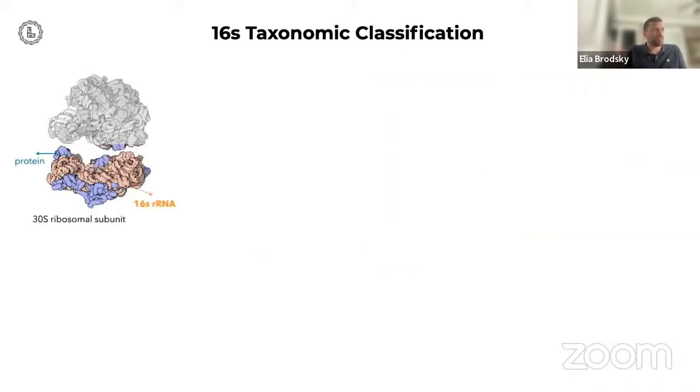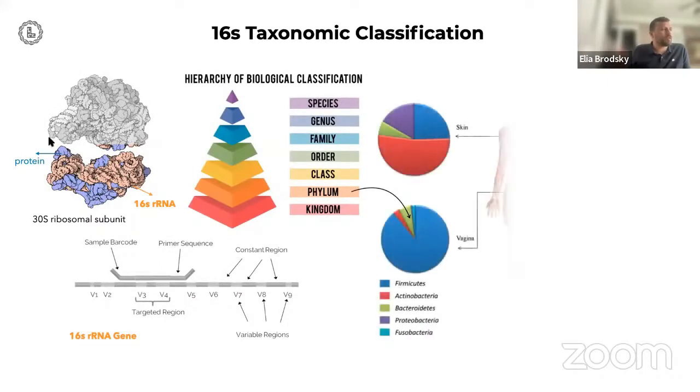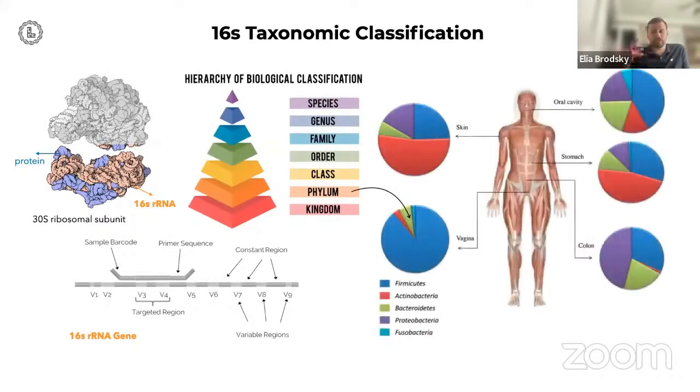Now, how is this taxonomic classification actually performed? So we have here the ribosomal RNA. The ribosome consists of two parts, the larger part and the smaller, and they are called the subunits. So we have the 30S ribosomal subunit, and the gene that encodes for that subunit is the 16S ribosomal RNA gene. That gene can be amplified.